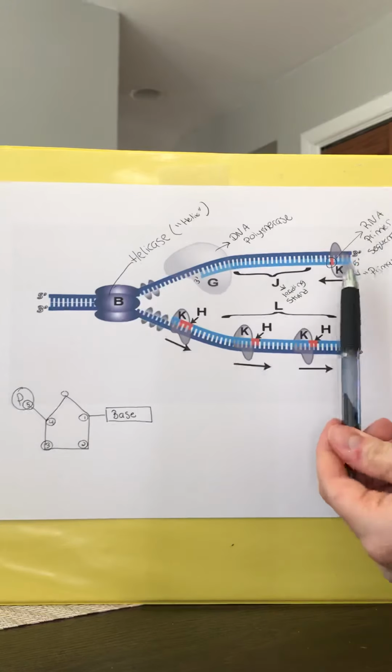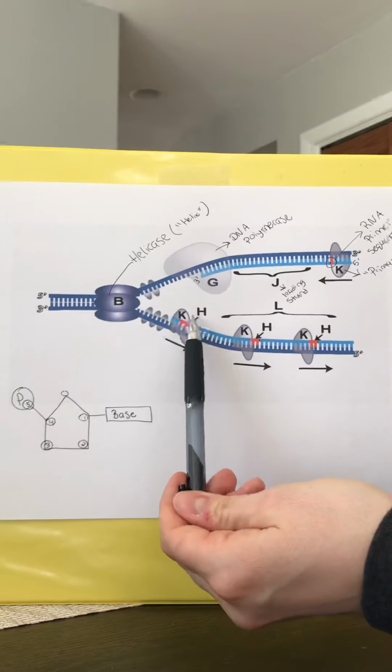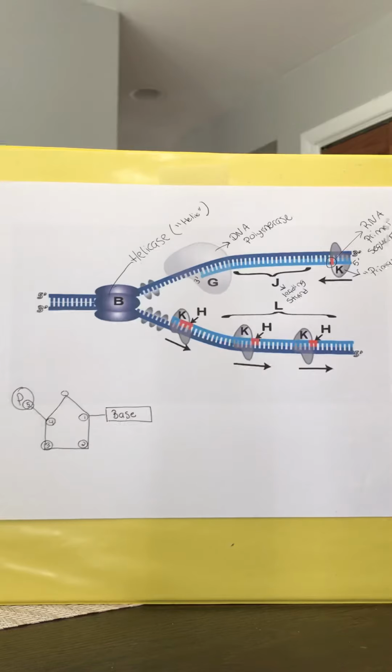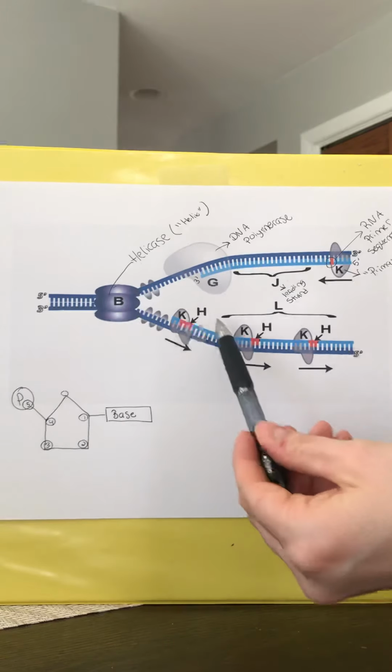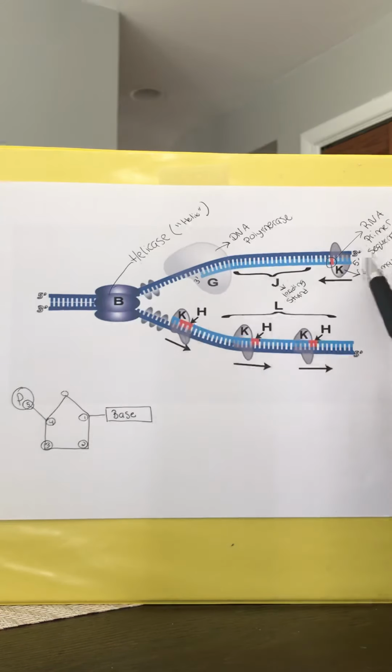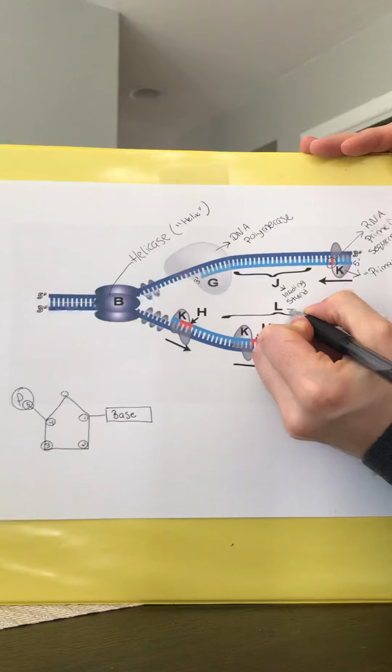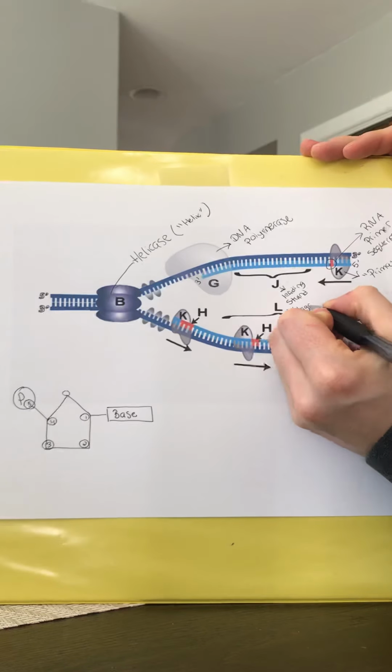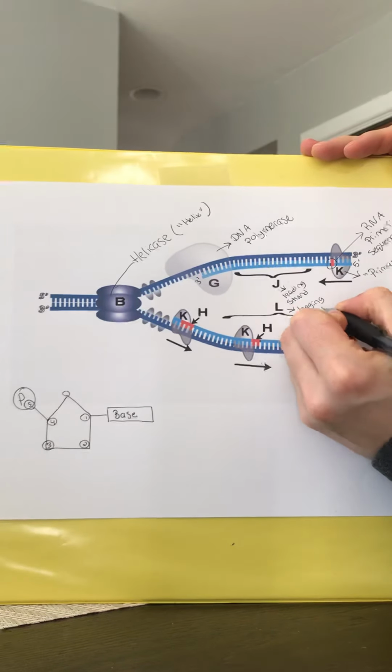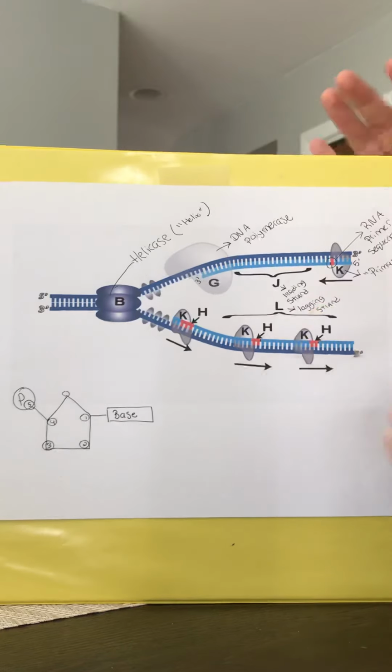So once this strand is all made, then the cell begins to work on the lagging strand. And again, the K down here stands for the same enzyme as K up here, which is primase. So the lagging strand gets synthesized or made in chunks.